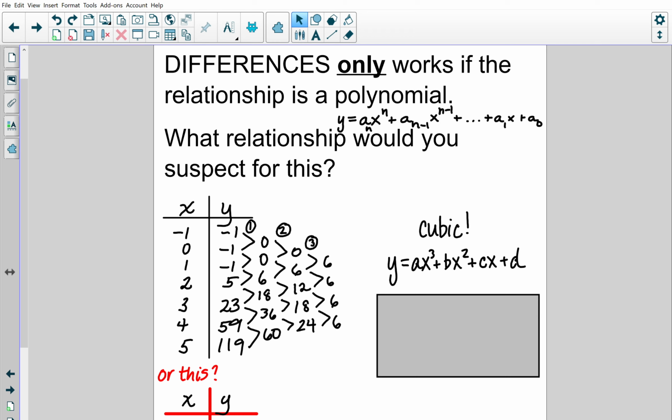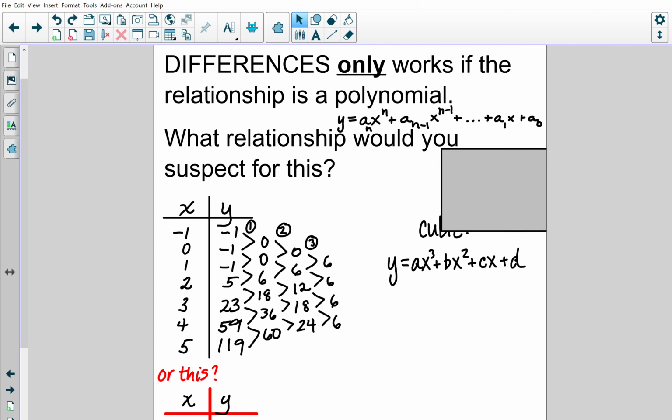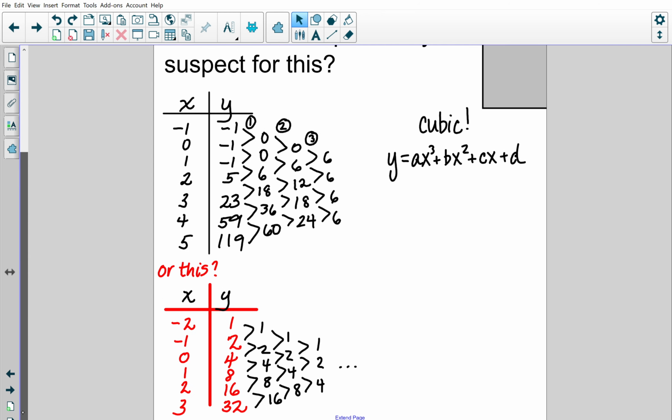We could find it. We'd have to write 4 equations. We'd have to take 4 of those points and plug them in because we have 4 unknowns. At that stage, I'd probably try to find some technology tool that would help me solve a system of linear equations.